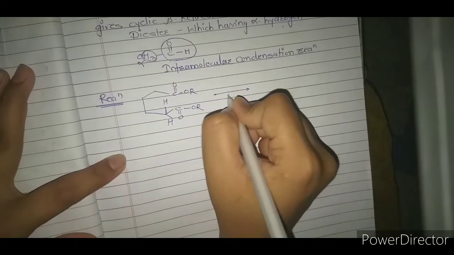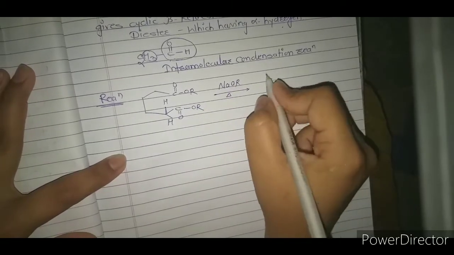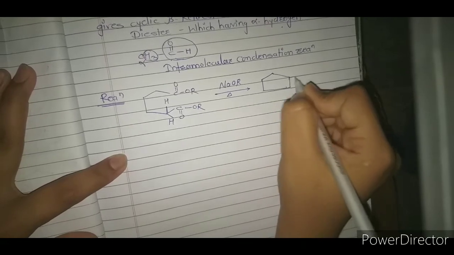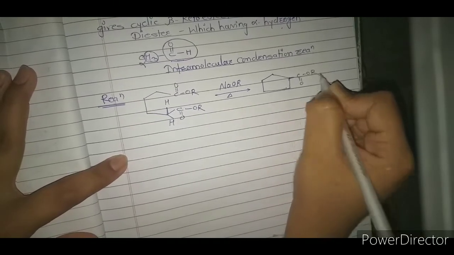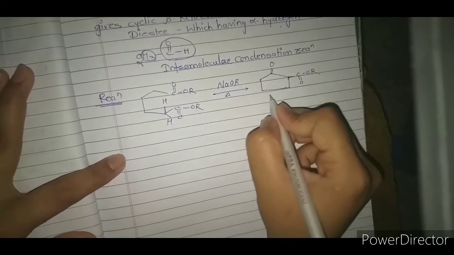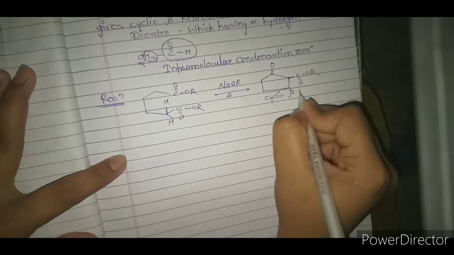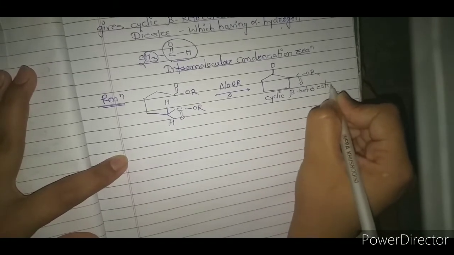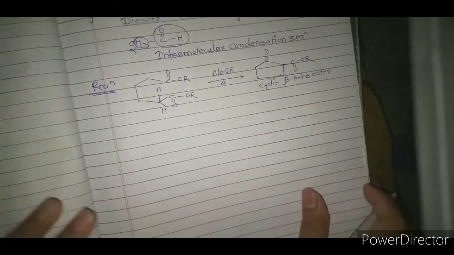It is heated with sodium alkoxide. It forms this cyclic beta keto ester. So this is your final compound.